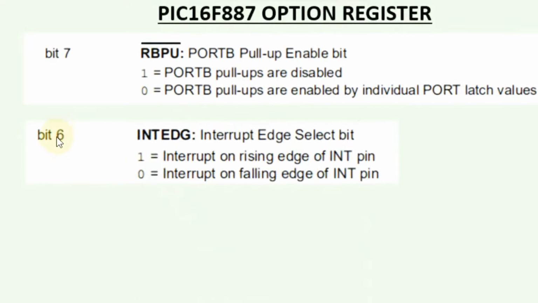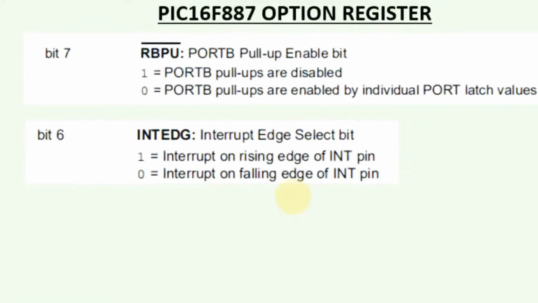Next, bit 6, that is INTEDG. This stands for interrupt edge select bit. We all know hardware interrupts are nothing but the external pins available on the microcontroller to provide options for interrupts.